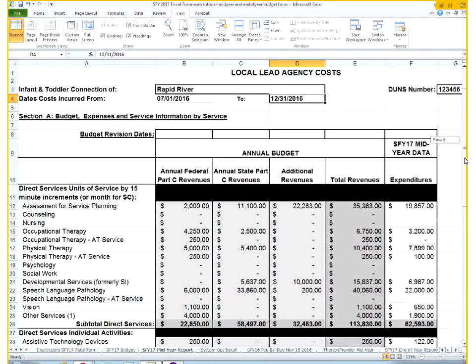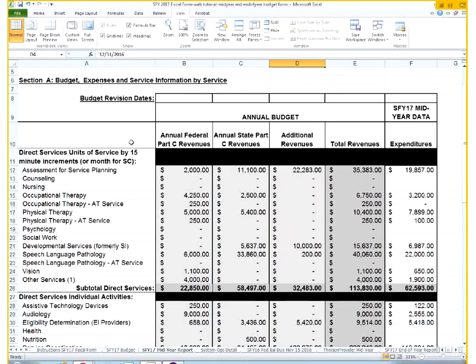All right, so let's start by talking about our direct service unit. You remember in the initial budget, we already allocated for each individual revenue stream how we felt services were going to be utilized within the local system for this fiscal year. So this information is already going to be pre-populated from your initial budget.